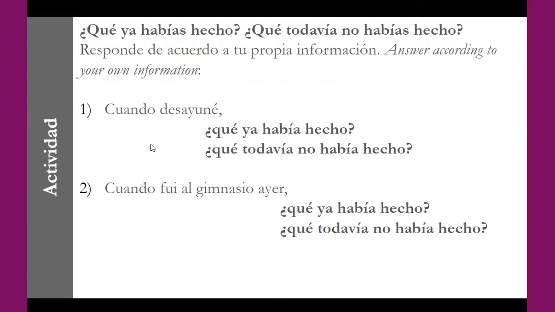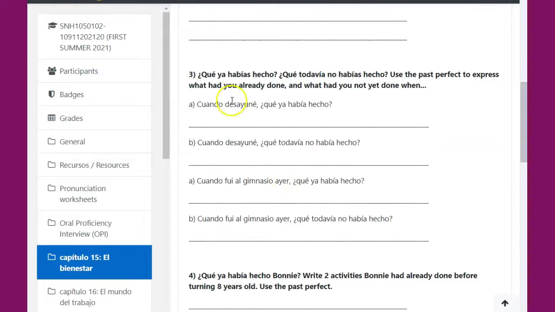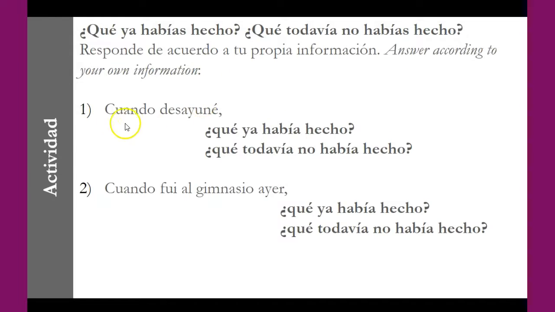Okay. The other activity I want us to do is number 3 in your practice, to talk about yourself. ¿Qué ya habías hecho? What had you already done, and what have you not yet done when something happened? So the questions are: cuando desayuné. That means when I had breakfast.